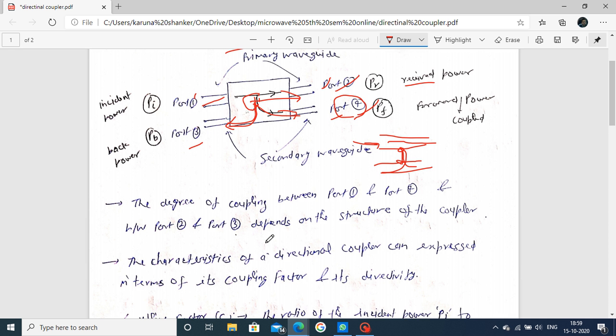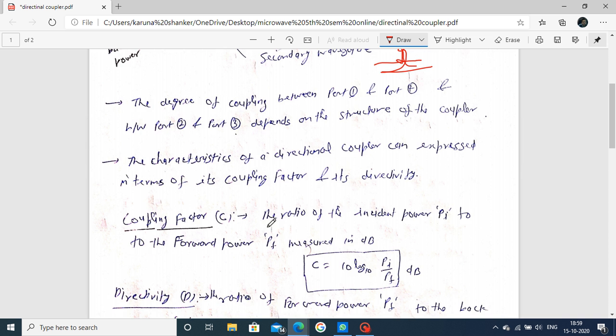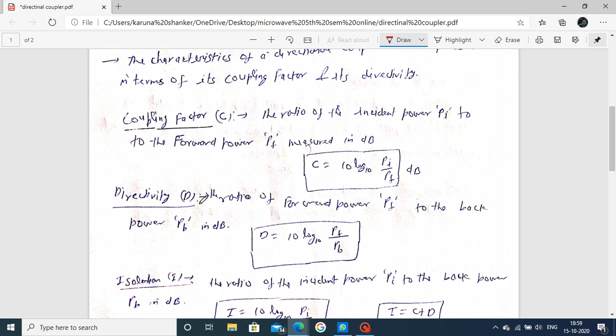There are three important parameters: the coupling factor, the directivity, and the isolation. The coupling factor is the ratio of the incident power to the forward coupled power, Pi by Pf, in decibels.